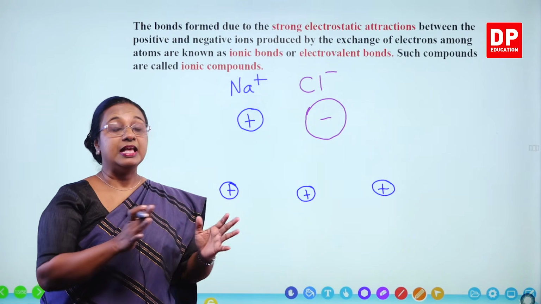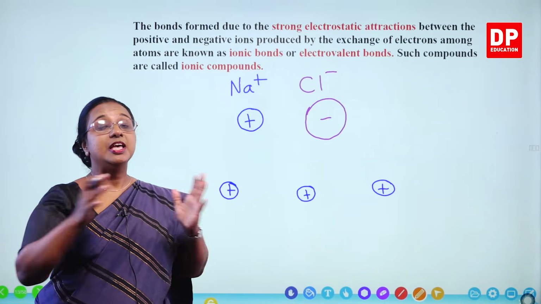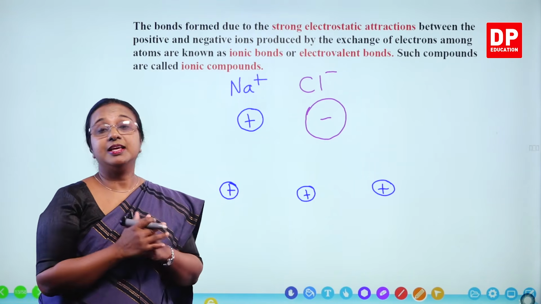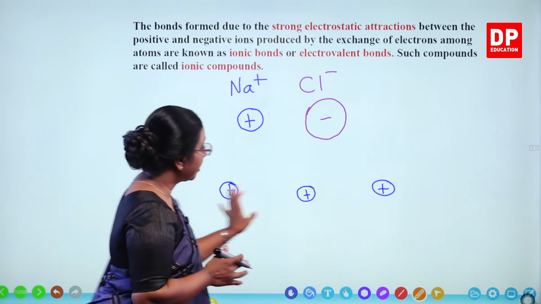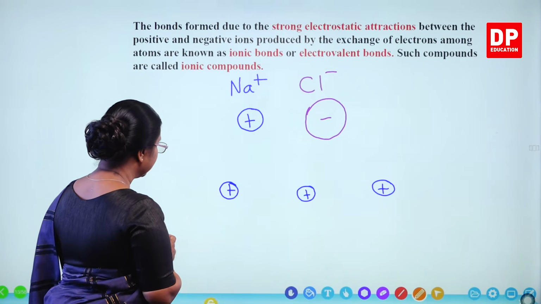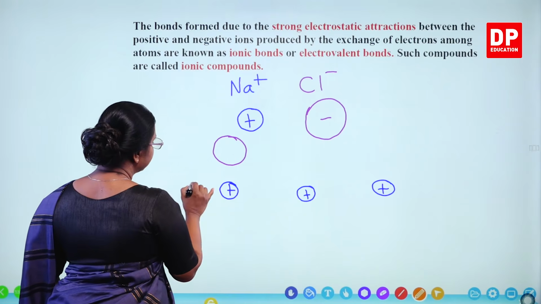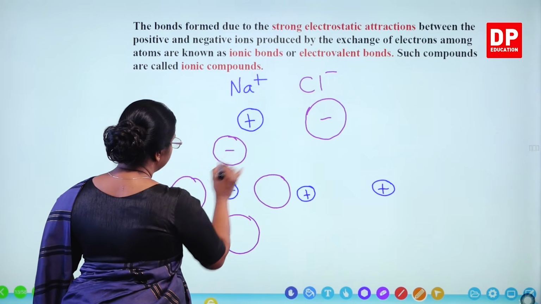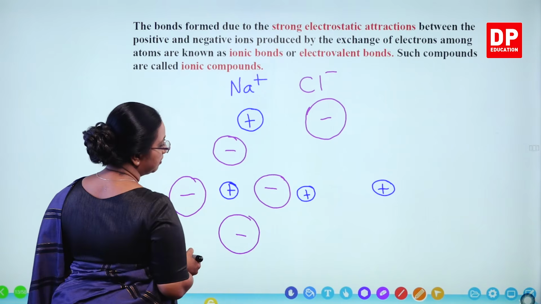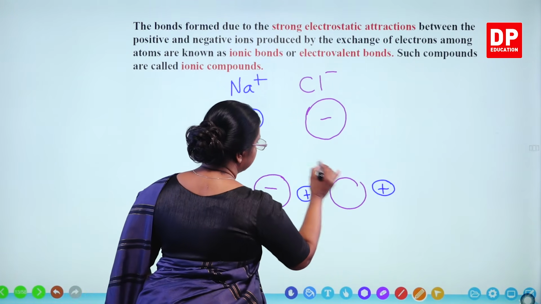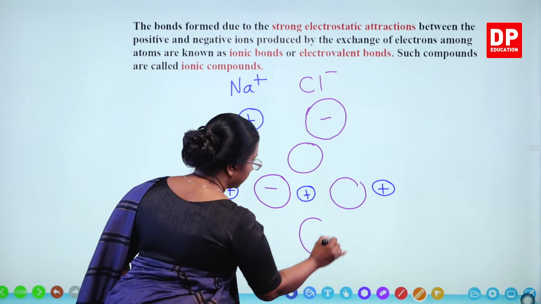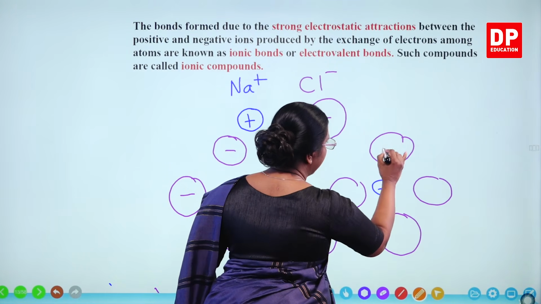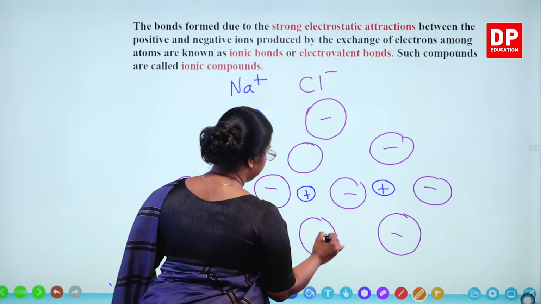Because of that, they arrange themselves into a three-dimensional array attracting each other. So when there are positive ions like this, the chloride ions arrange themselves around these positive ions. Like this, the chloride ions arrange themselves.